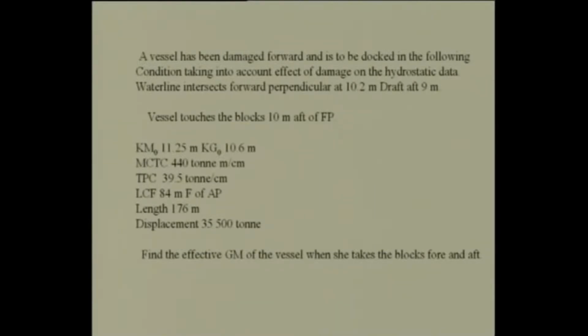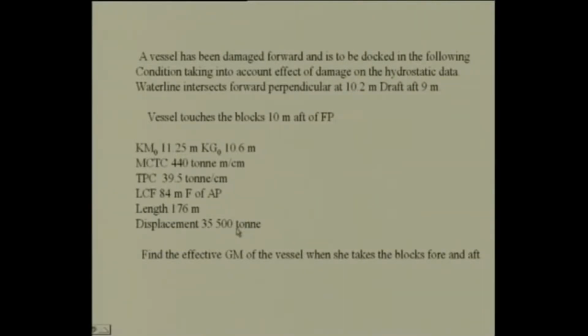Because of this condition, while you are trying to dry dock it, it says the vessel touches the blocks 10 meters after the forward perpendicular. So, actually it hit the front part, not even the aft; it came and hit here first. Then some hydrostatic data are given: KM0, KG0, MCTC, TPC, LCF, length, displacement.